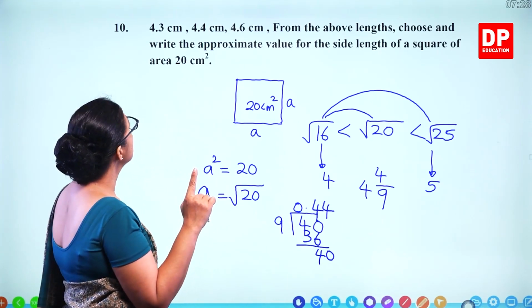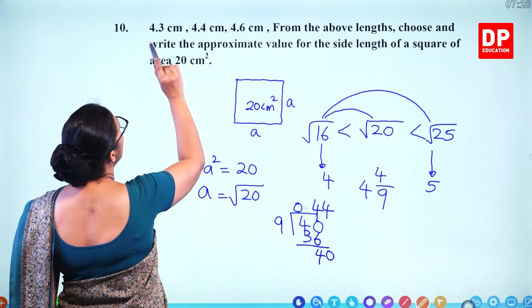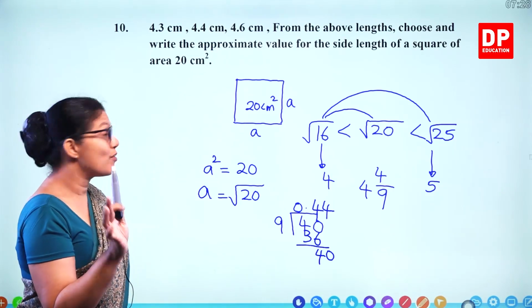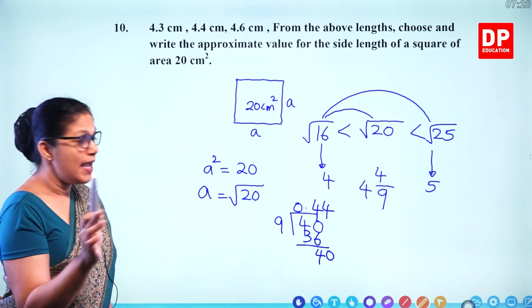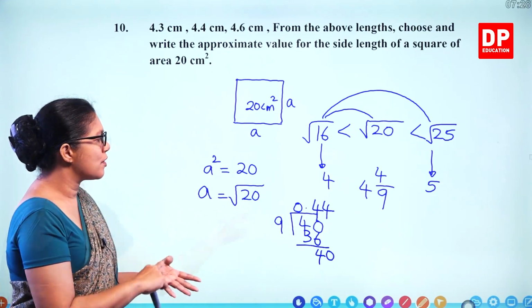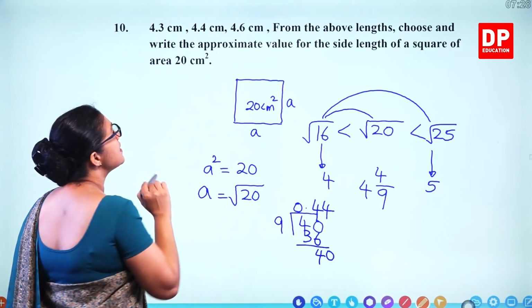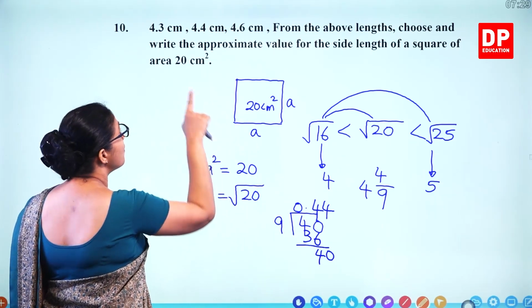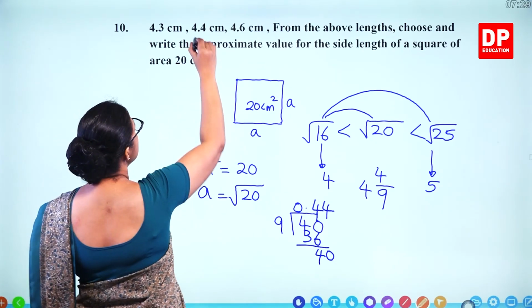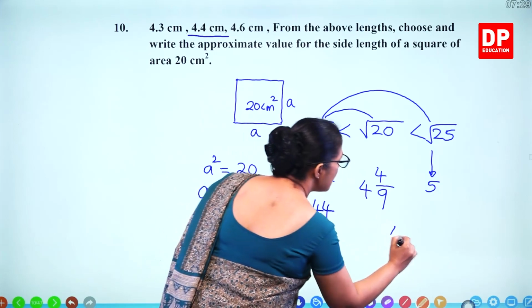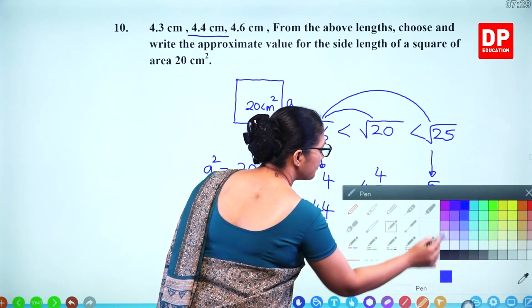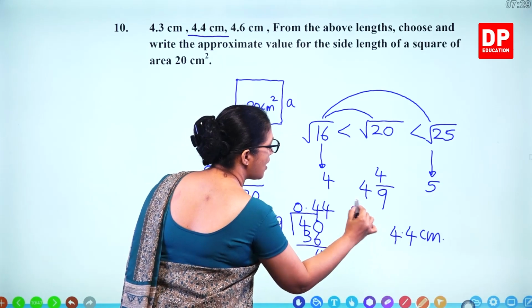So you have to consider 0.5 is not there. So that means you can straight away take 4.4. If 4.5 is there, you have to check which one is closer, 0.4 or 0.6. Now, there's no 4.5 answer. So you can say the approximate value is 4.4 centimeters. 2 marks for that.